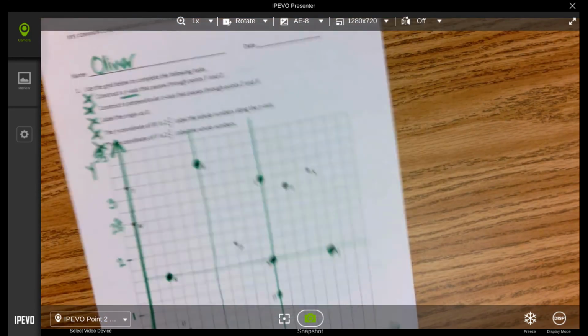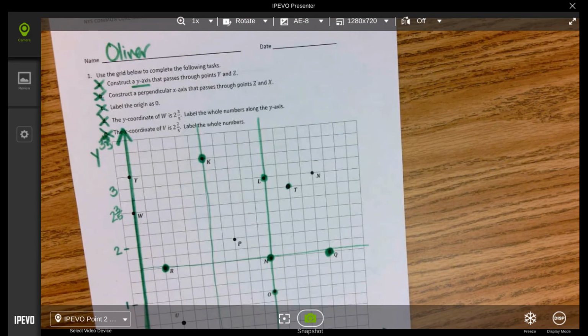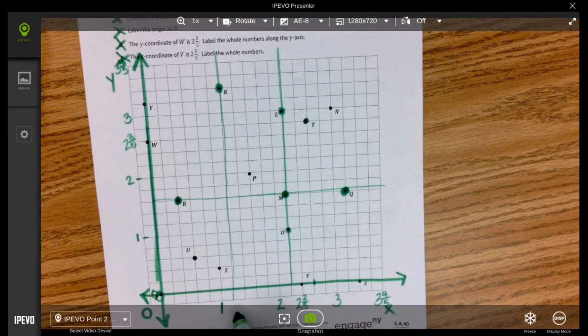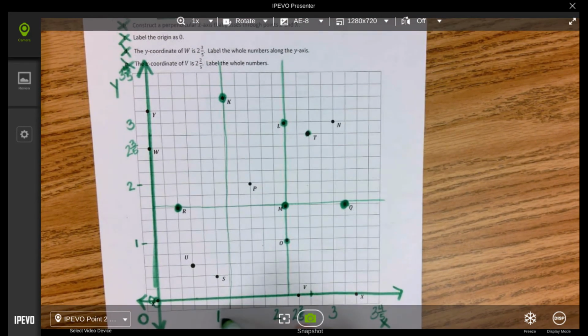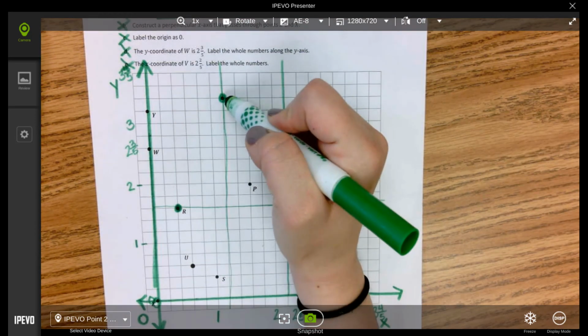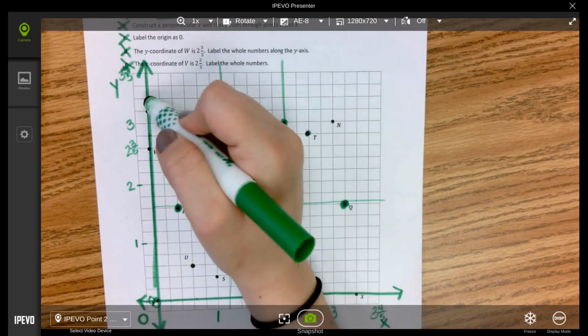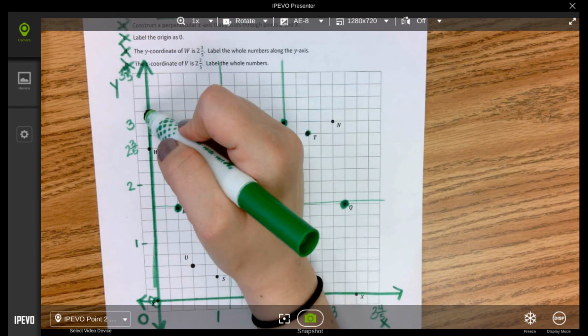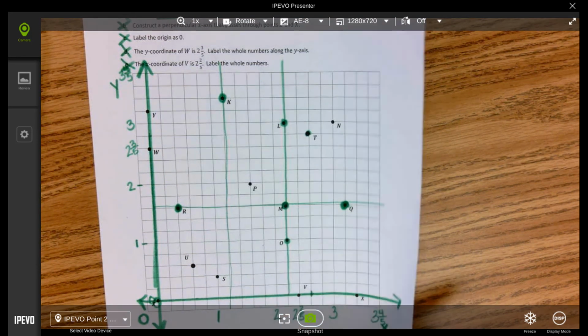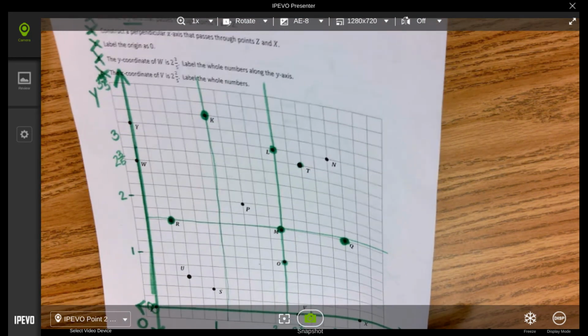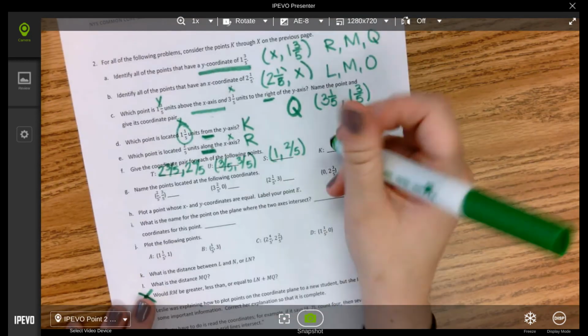And the last one is K. So if we go across 1 1/5 here, I already drew a line. So 1 1/5, and then I go all the way up, which would be 3 2/5. So 1 1/5, 3 2/5.